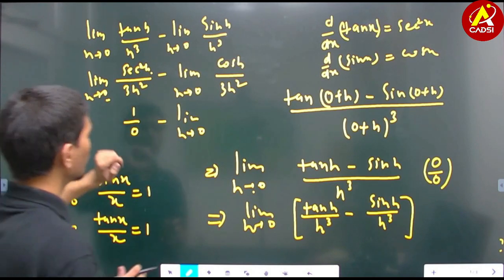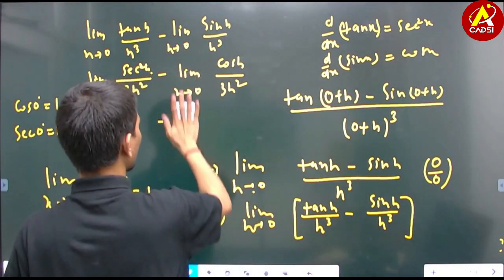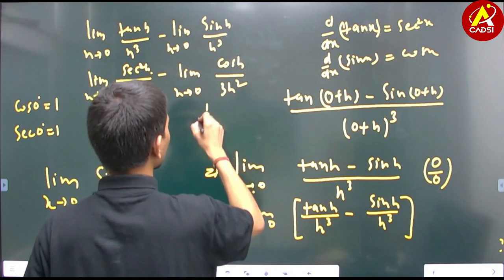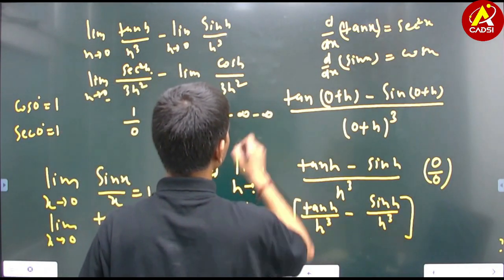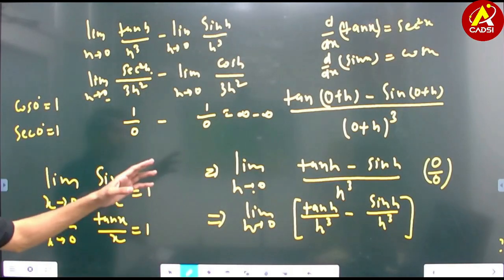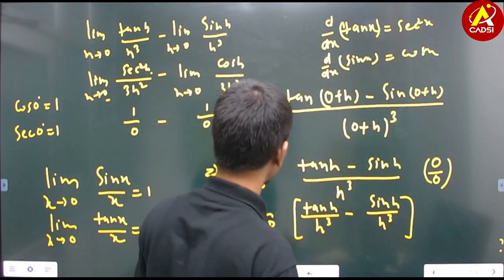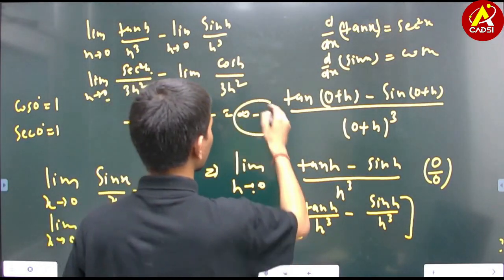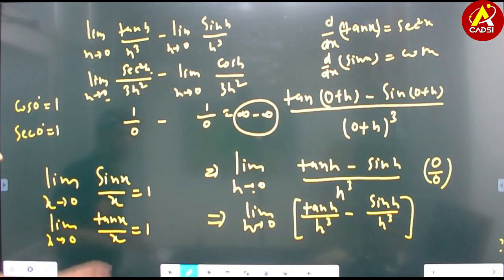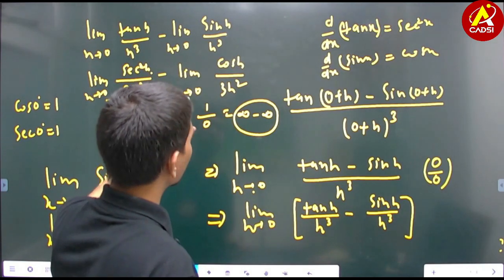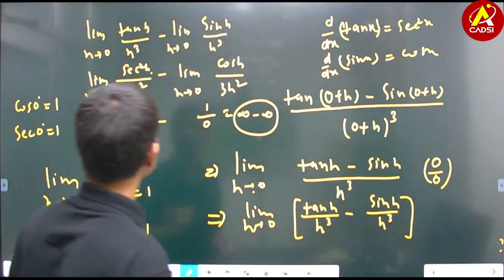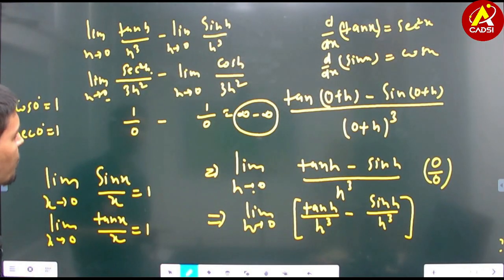So we can say that it is the form infinity minus infinity. So we can use another concept of the limit of a function at a particular point.